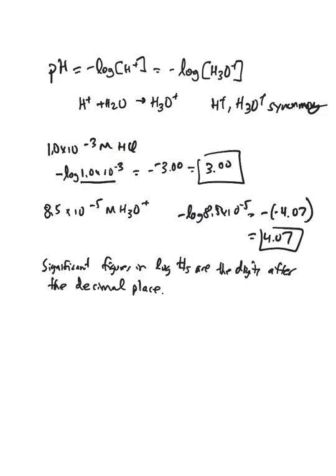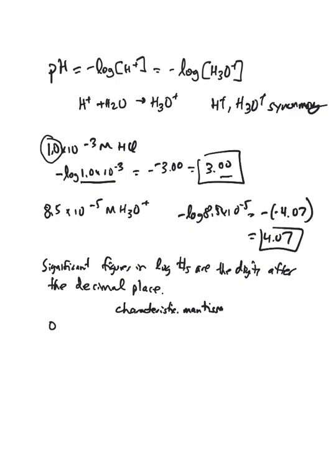So back to our first problem, we had two significant figures. That means we're going to have two decimal places. A log number is made up of a characteristic and a mantissa. And so the significant figures are found only in the mantissa. The characteristic is the number in front of the decimal point. The mantissa are the digits after the decimal point.